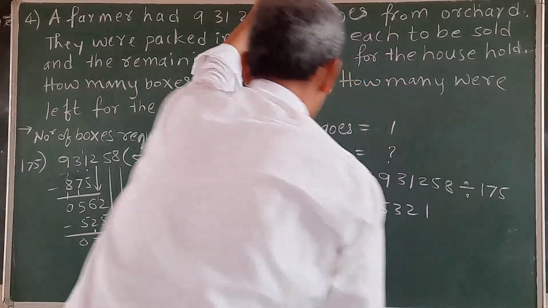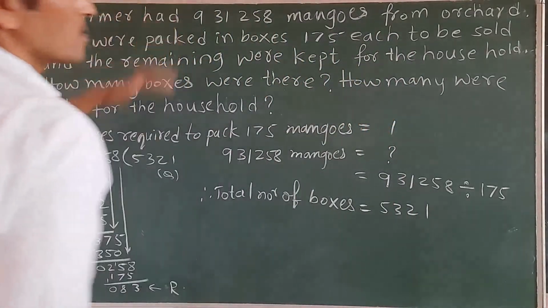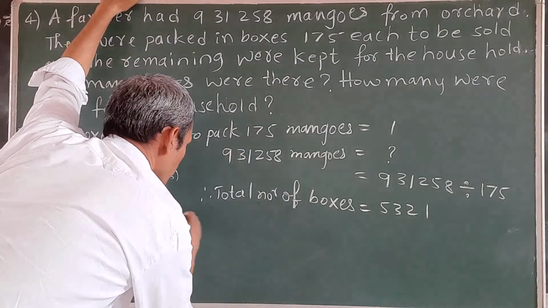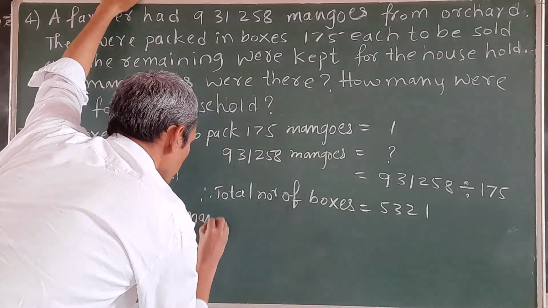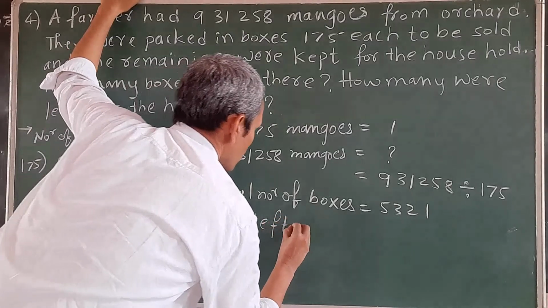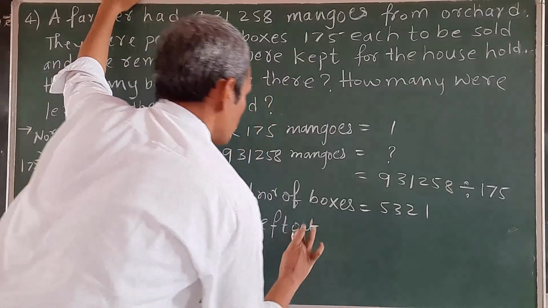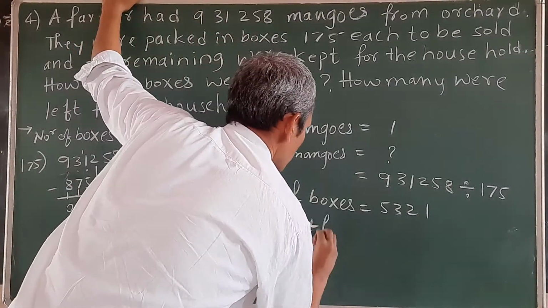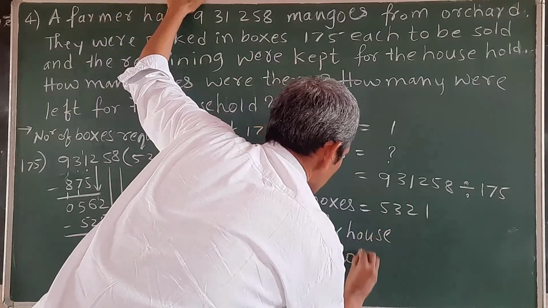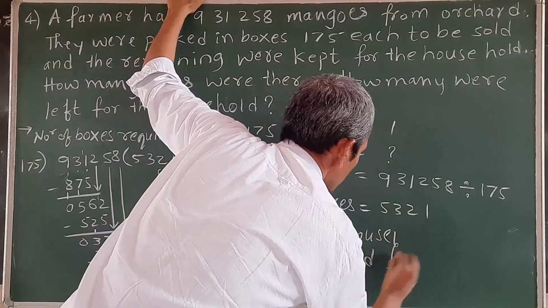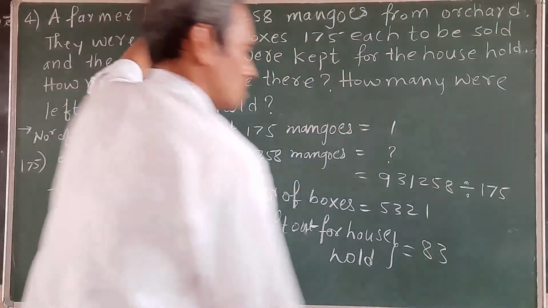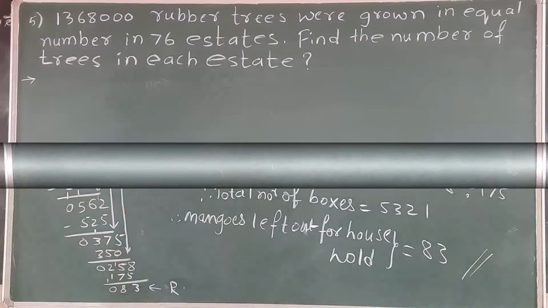And mangoes left out for household is 83. This is the answer.